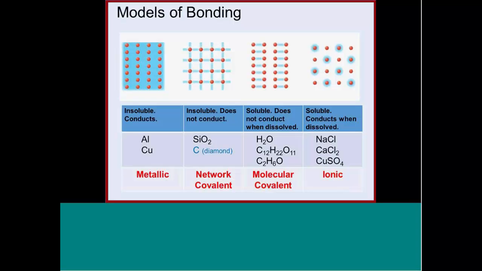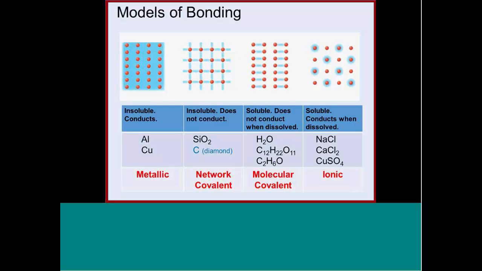And then when we look at ionic, we see that the electrons have moved on to some and not on to others. And like I said, we're going to get into all of these in more detail. We're just trying to get a general overview out. And we have ones that, again, that's dissolved.